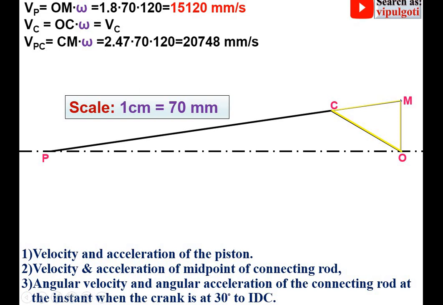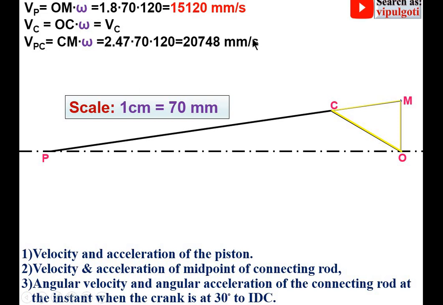Next, velocity of connecting rod PC. Once again you have to remember that CM vector represents the velocity of connecting rod, and as we have discussed, this is from the velocity diagram, so it must be multiplied by omega. The length of this CM is 2.47 centimeter multiplied by scale, multiplied by omega, so that you will get 20,748.